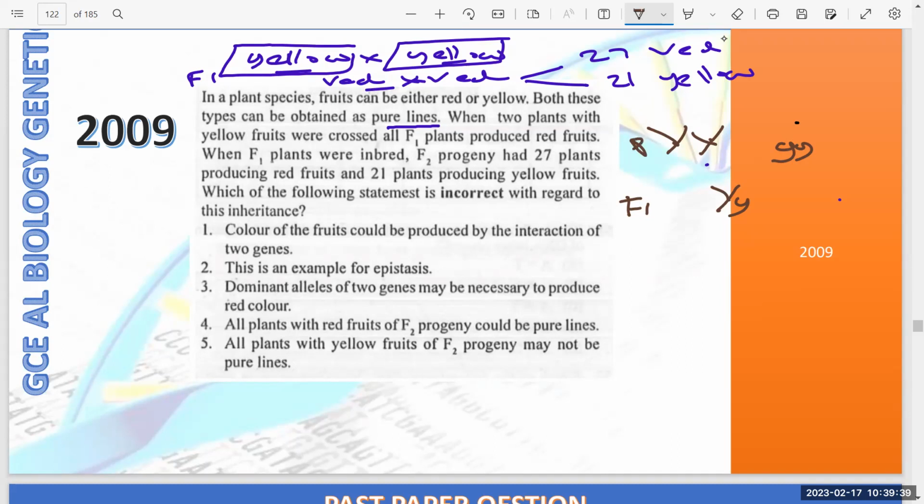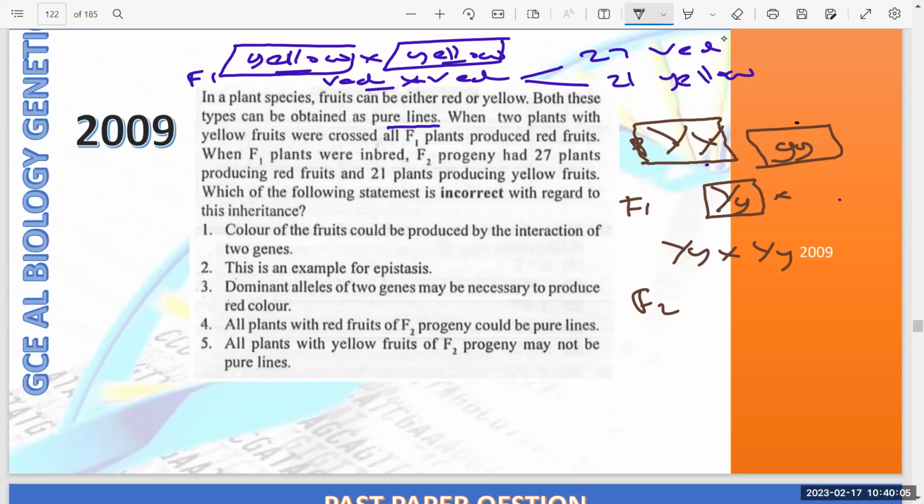And then when he went to the second one, he got the F2 generation. So now if you look, this one you can consider as a pure breed, but this one is not. Did you understand that? Yeah.